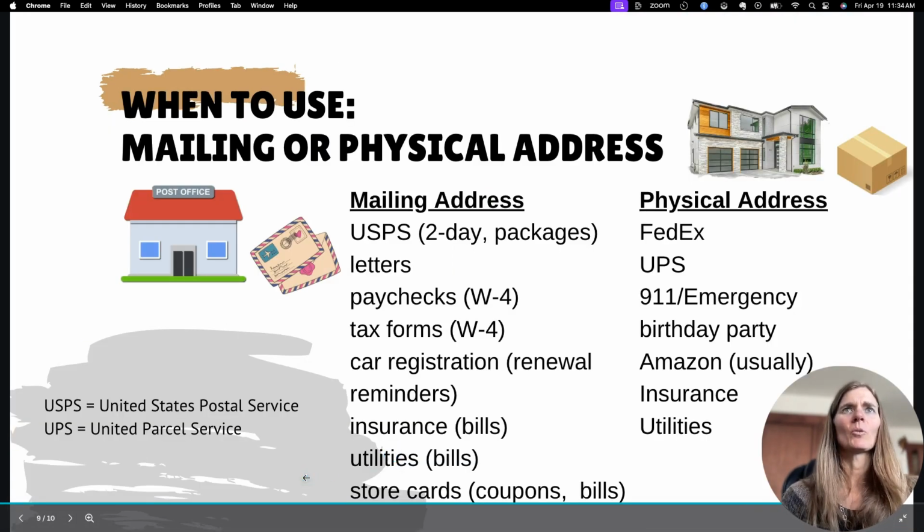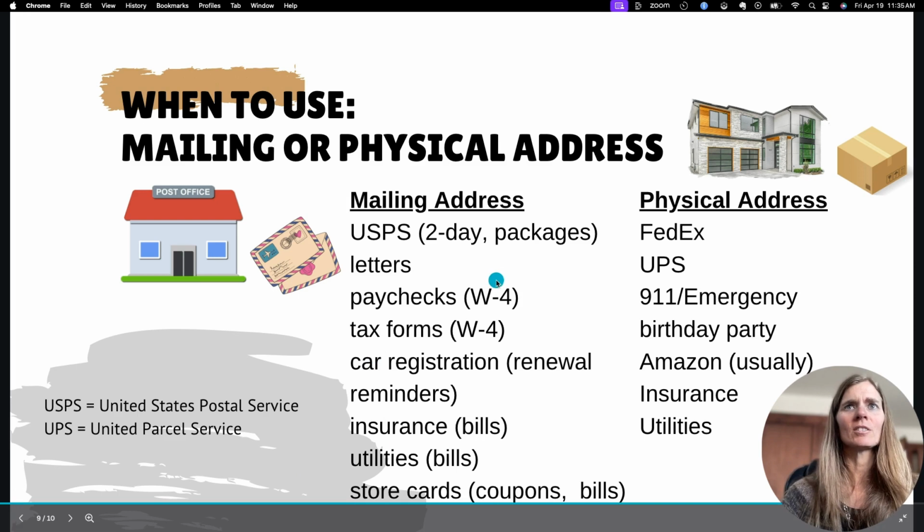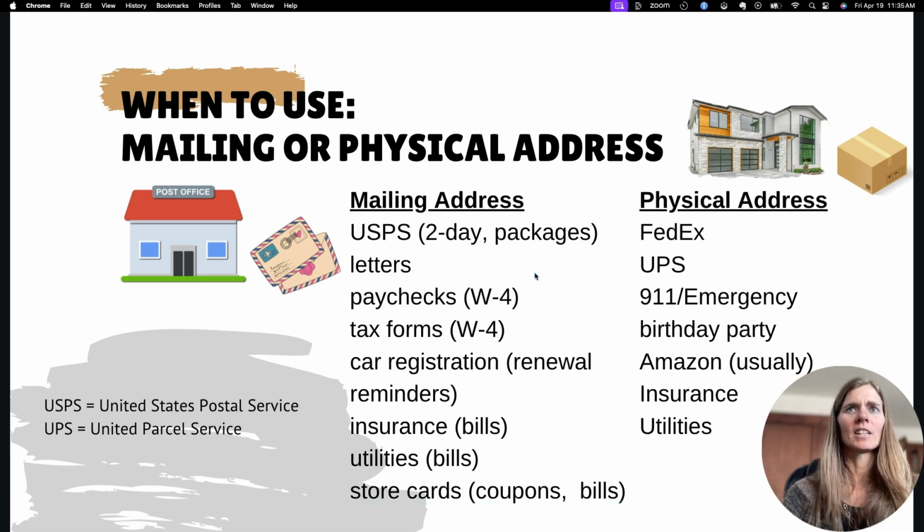Now let's talk about when to use the mailing or physical address. So in our area, we have 2 addresses. The P.O. box is our mailing address, and our physical address is where our apartment or house is located. So some examples of when to use the mailing address is if you are using the USPS or United States Postal Service.